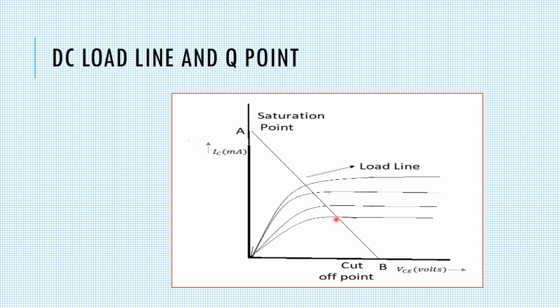If the transistor could pass all the current available with no voltage drop across it, the collector current would be the supply voltage VCC over RC. This is the point where the load line crosses the vertical axis.